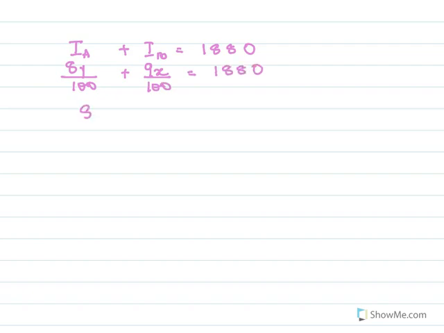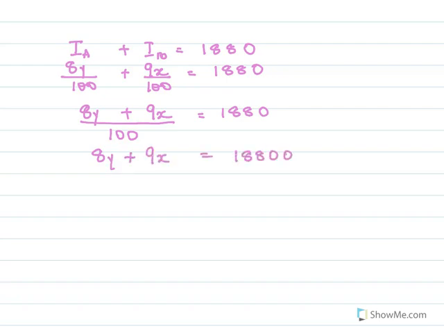We take the LCM, we get 8y plus 9x over 100 equals 1880 and 2 zeros. So we have 8y plus 9x equals 188,000. This is my equation 2.